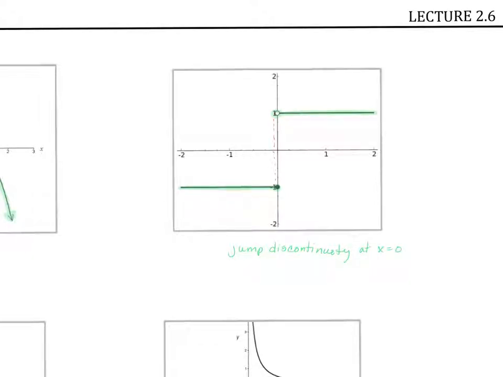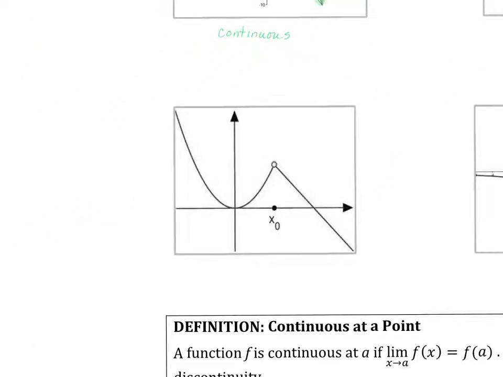So let's look at another graph. Now I could sketch this graph. The problem is, once I get to the point x sub 0, there's this hole that I have to skip over and lift my pen up before I can sketch the rest of this graph.